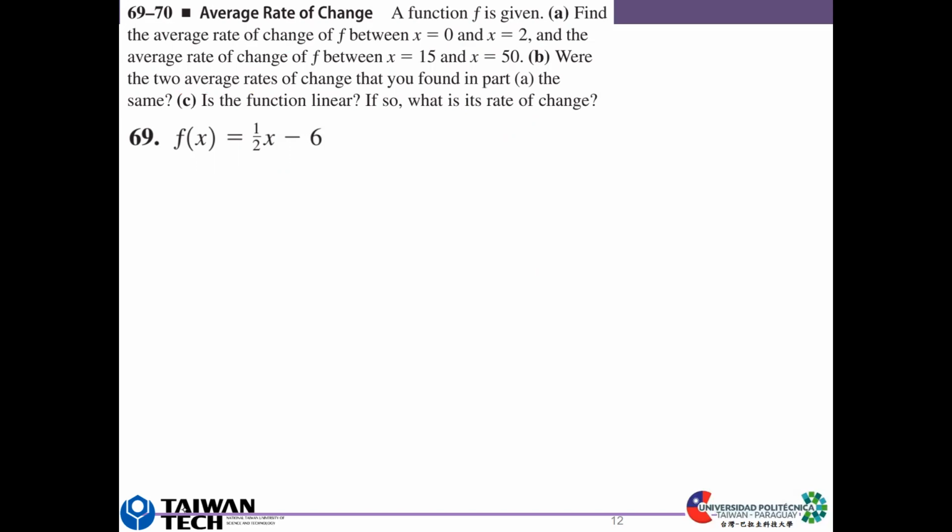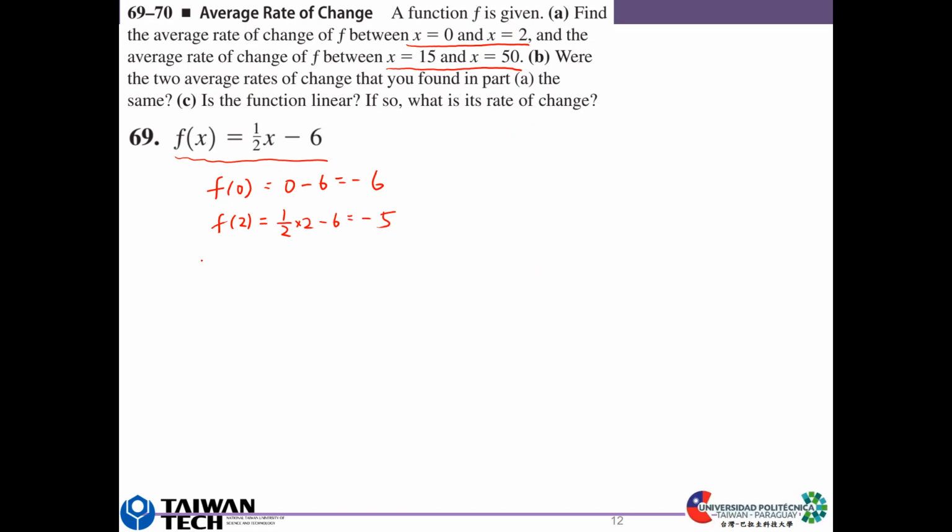Okay, so it asks you to calculate the rate of change between x equals 0 and 2, and between x equals 15 and 50. So we need to find f of 0, which is 0 minus 6, which is minus 6, and f of 2 equals 1 over 2 times 2 minus 6, which is minus 5.